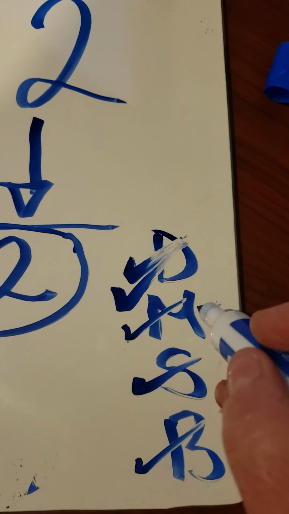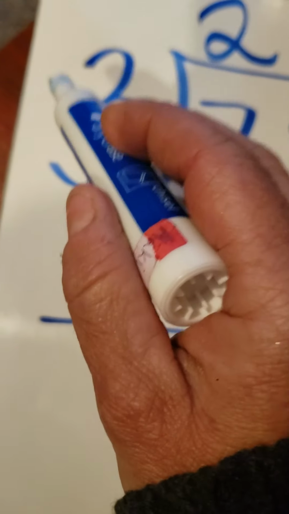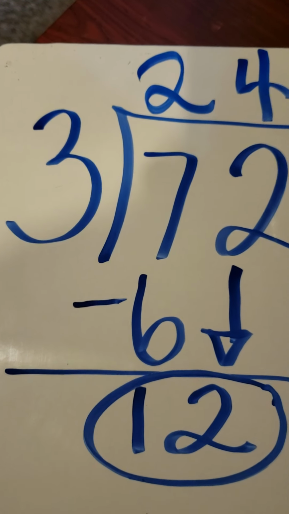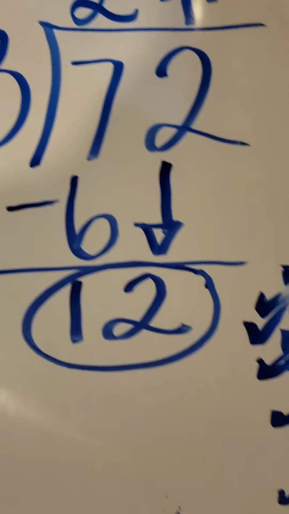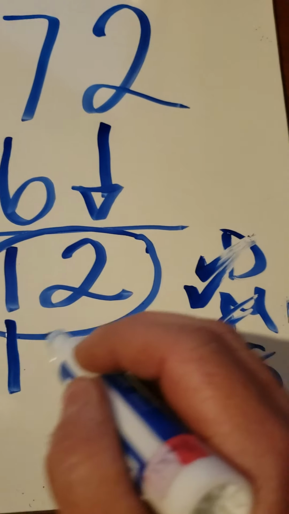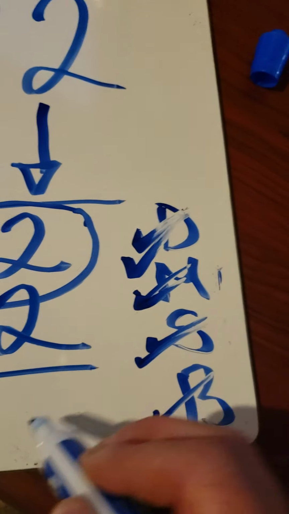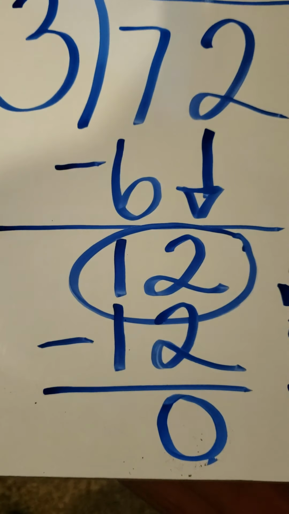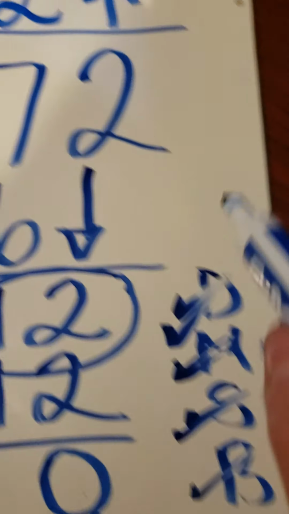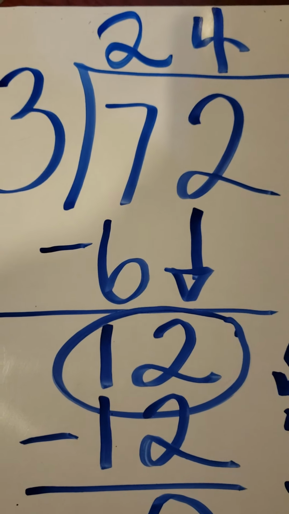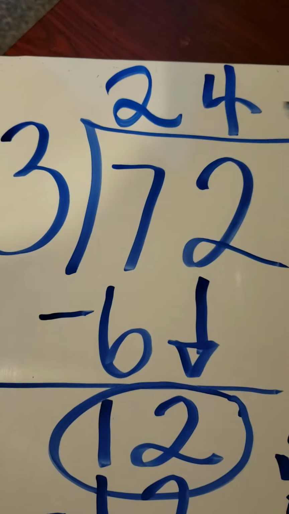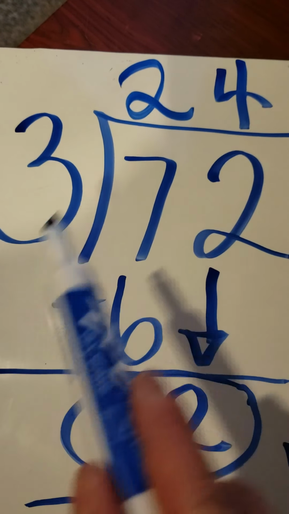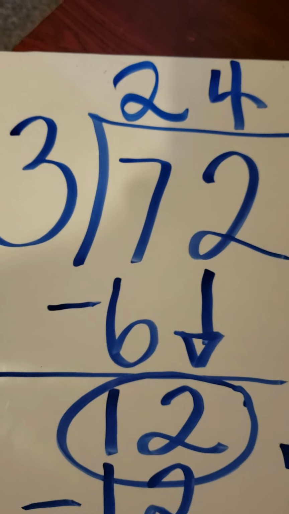You're on that second multiplication step, and you're interested in 3 times 4. What's 3 times 4? 12. You've got it. Now you're on that subtract step. What's 12 take away 12? We're at 0 again. We got back to our perfect fit. There's nothing left to bring down. So your question is complete. 72 divided by 3 equals 24. Or 3 can fit into 72 24 times.